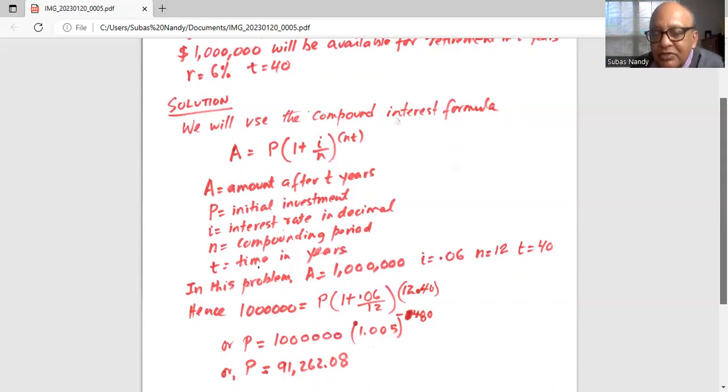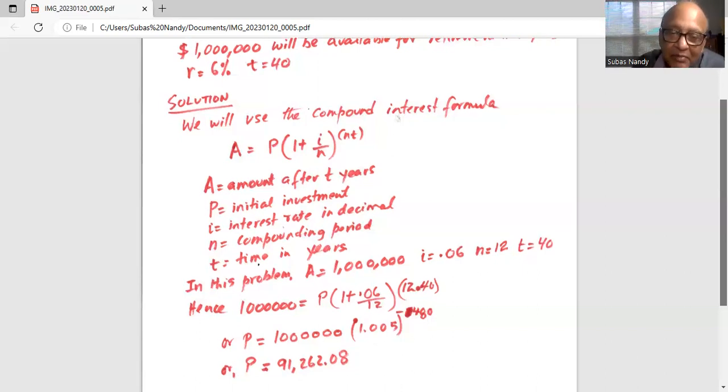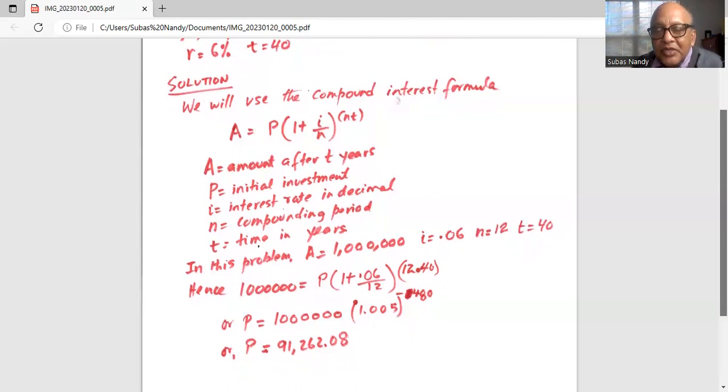When you bring the exponent to the numerator, it becomes negative: 1.005 exponent minus 480 multiplied by 1 million. And the principal that you have to save, that you start with initially at the beginning of the 40-year period, is $91,262.08.